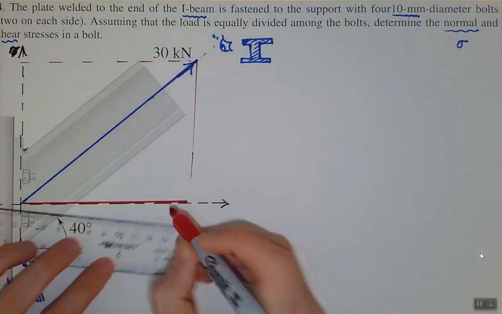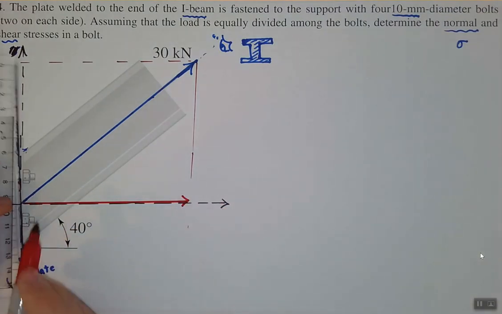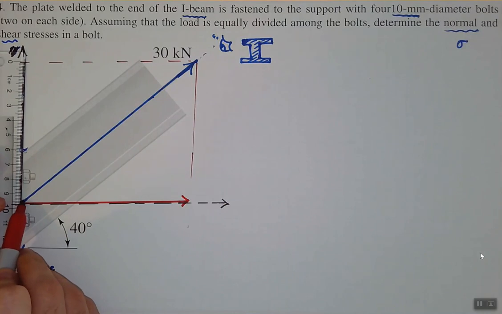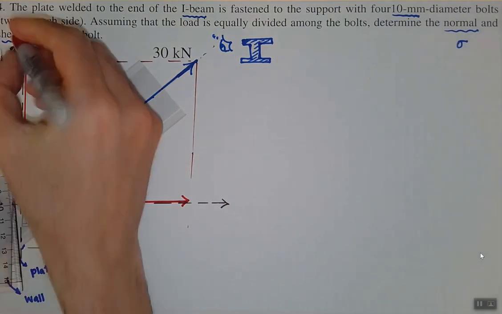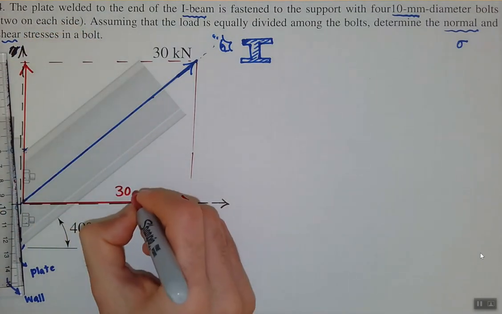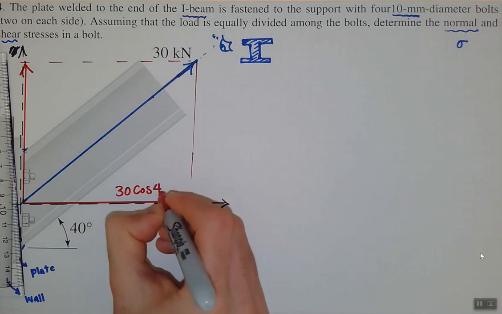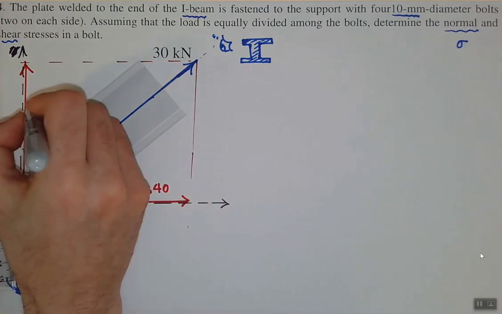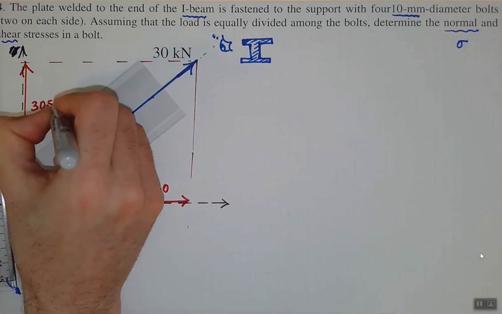So this will be my horizontal load, and this will be the vertical load, right? So this is 30 cosine 40. I have the angle, and this one is 30 sine 40.